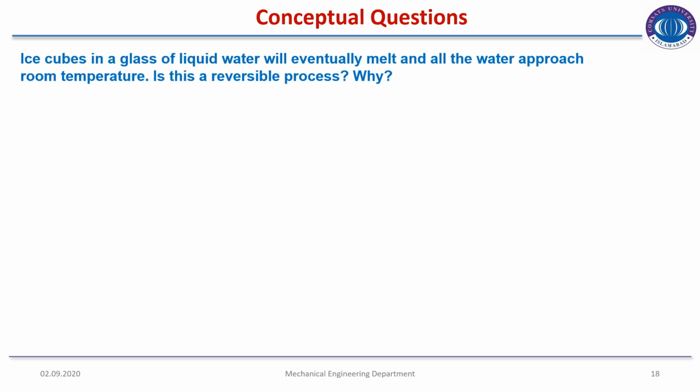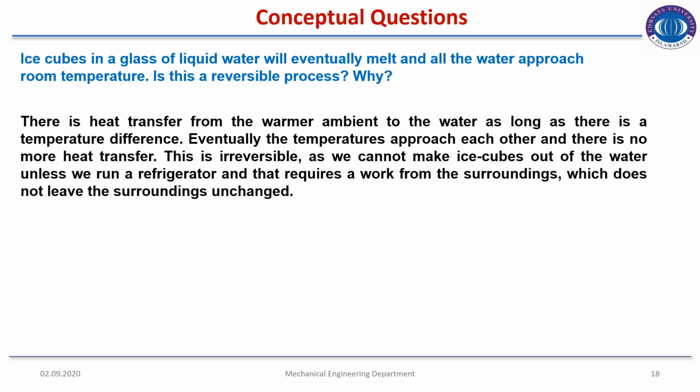Conceptual question. An ice cube in a glass of liquid water will eventually melt and all the water approaches room temperature. Is this a reversible process? Why? There is heat transfer from the warmer ambient air to the water as long as there is a temperature difference.